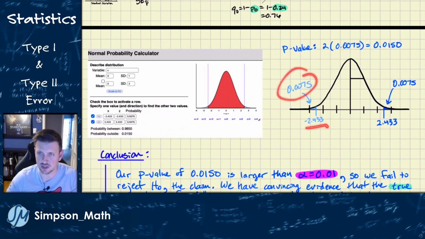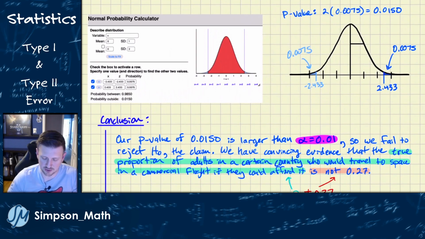That's why we can get away with just doubling that probability. And I got 0.0150, which notice is our probability outside from our Rossman Chance applet. Of course you can also get this using an 84, using the normal CDF as well.